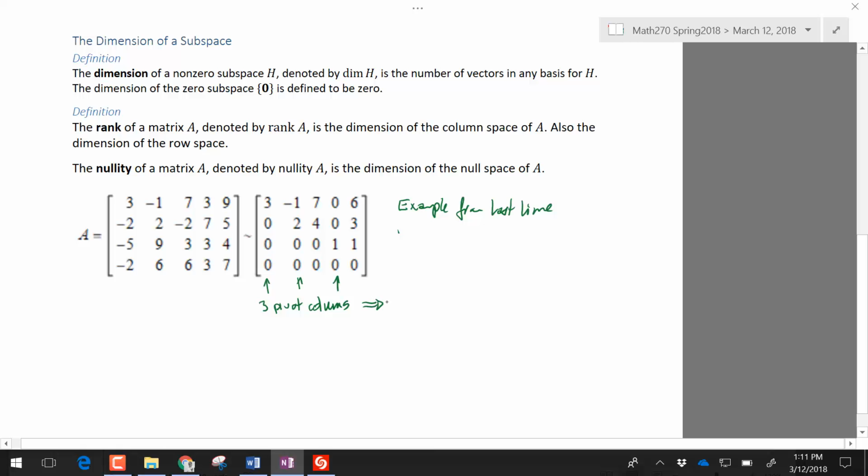This is not the nullity, I'm sorry. So rank equals 3. Also, in this form, the nullity is 2. And the number of non-zero rows equals 3, and that's also the rank.